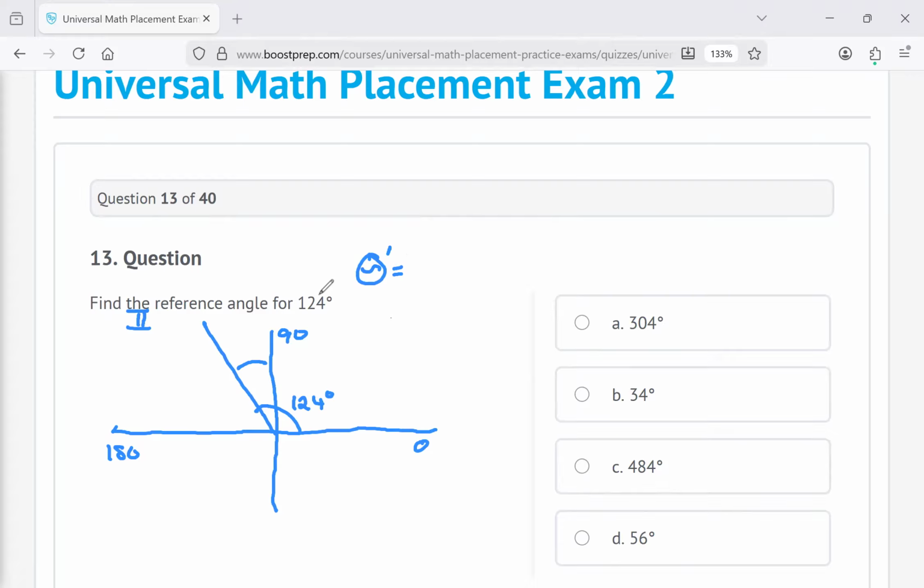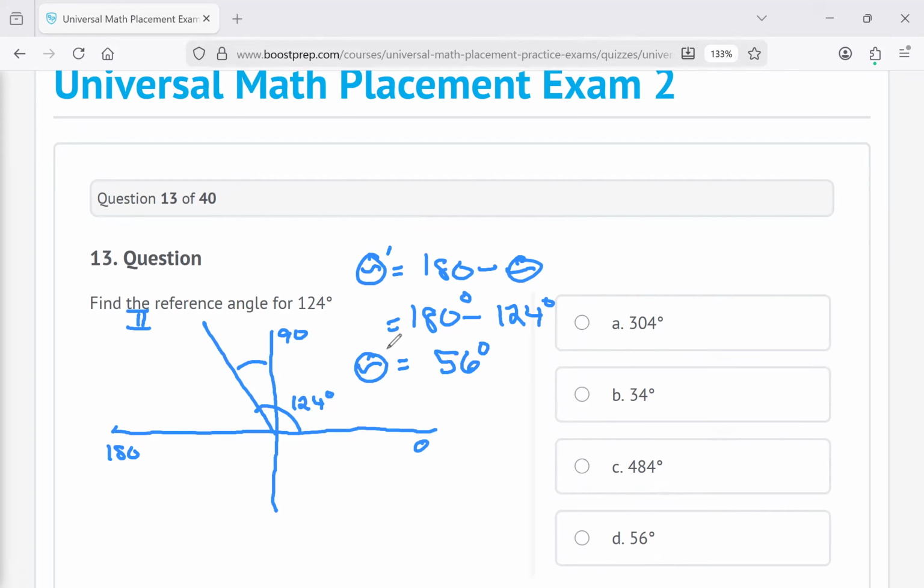If you're in quadrant two, the rule for the reference angle is 180 minus your theta. That's it. So it's going to be 180 minus 124, and that gives you 56 degrees.